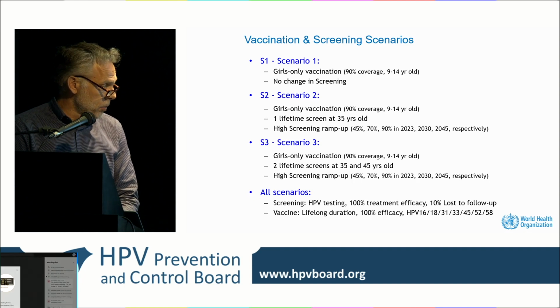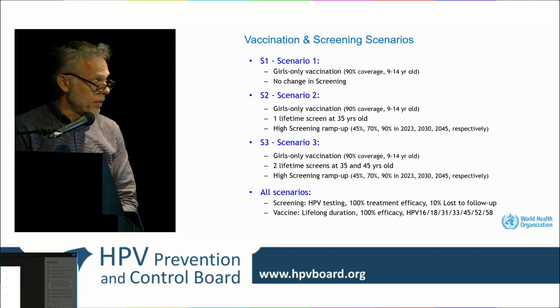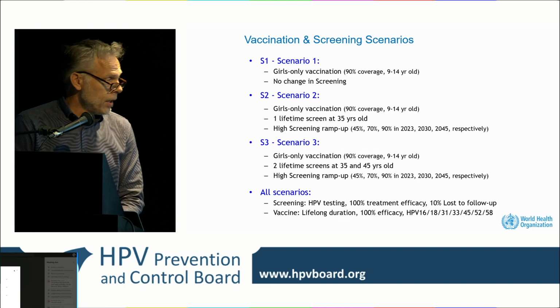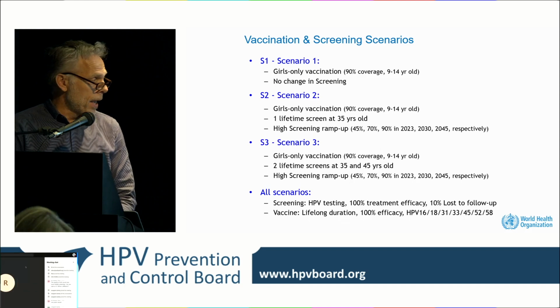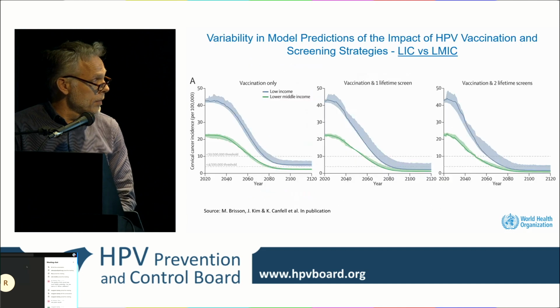And then there were very important assumptions about duration: lifelong duration of the vaccine and 100% efficacy against multiple types, to see what the maximum impact could be. So these are the scenarios.